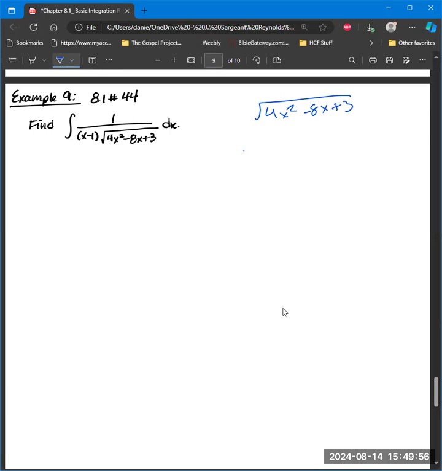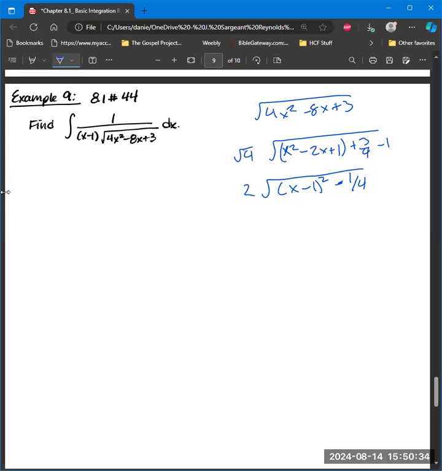We'll want to factor that 4 out and leave x squared minus 2x plus 3/4 on the inside. And then half of the middle number squared is going to be 1. Add 1, subtract 1 here, and we're going to get 2 root x minus 1 squared minus 1/4.